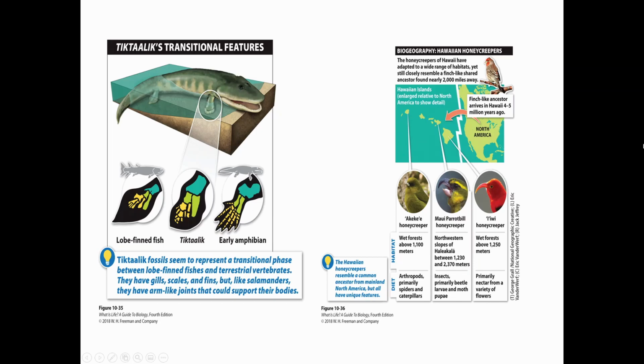Versus if you look at Hawaii versus maybe a tropical area on the other side of the planet, that other tropical area and Hawaii might be very similar in terms of environment, but we don't see similarities the same way in the organisms there because there's not as close of an evolutionary relationship. There's not a common ancestor necessarily between those two, at least not a more recent one.